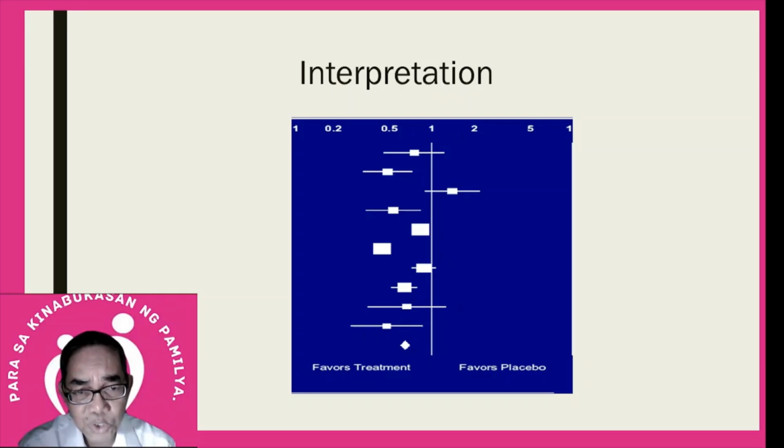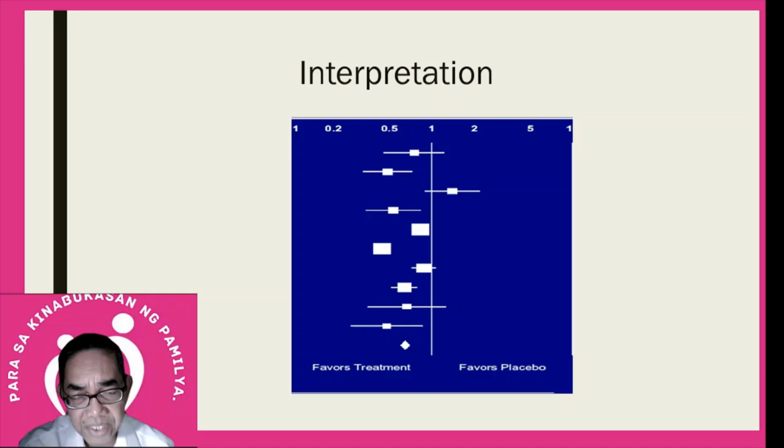But if you notice this one, the risk ratio here is about 0.4, and then the lower limit is about 0.3, and the upper limit is about 0.6. So from 0.3 to 0.6, the range does not include 1, so this is statistically significant. And this one has a risk ratio of about 1.2 more or less, and then the lower limit is about 0.8, and the upper limit is about 2.1.